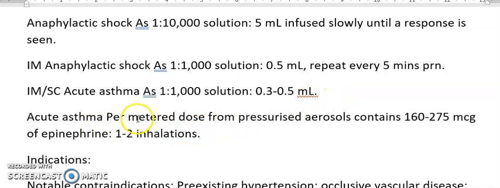And for the metered dose from the pressurized aerosol, every metered dose contains 160 to 275 micrograms of epinephrine. In this case, we give 1 to 2 inhalations of epinephrine or adrenaline for acute asthma.